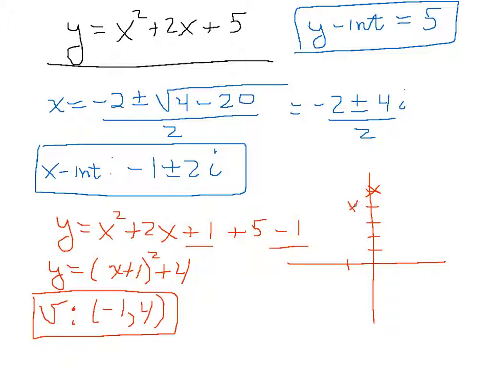So right here. So it opens up like that. And now if we want, we could say, okay, the point symmetric to the y-intercept is going to be right here. And so there we go. And that's what the graph looks like. And because my roots are complex, they never ever show up on the x-axis.